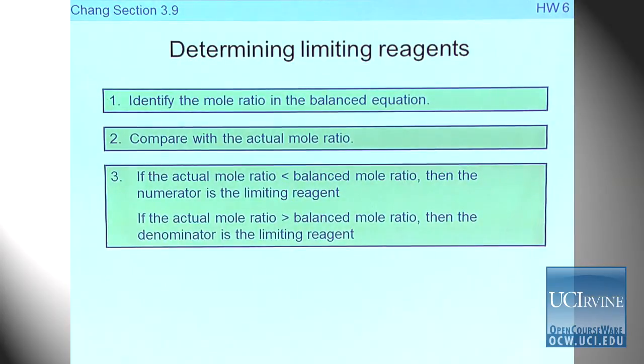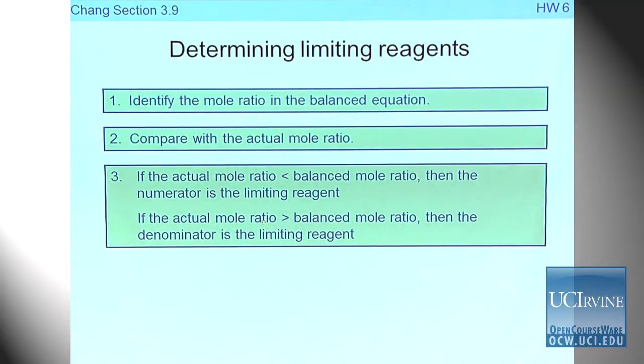And then you have two possibilities. Namely, if the actual mole ratio is smaller than the balanced mole ratio, then the numerator is the limiting reagent. So in the previous case, we found the balance was 1. This actual one was less than 1, which means the numerator is the limiting reagent. Okay? But you can also have the reverse situation.